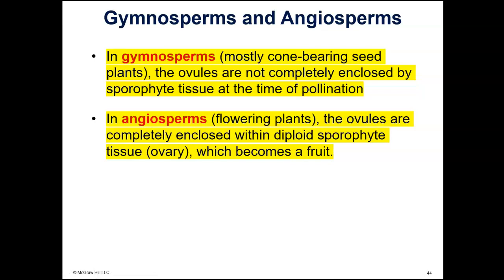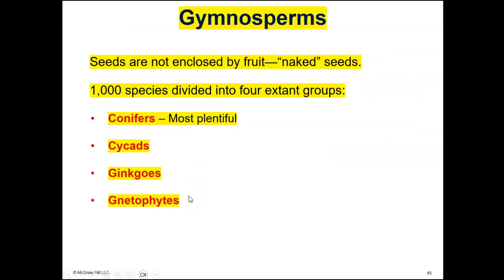All right, gymnosperms are mostly cone-bearing seed plants, and angiosperms are the flowering plants. So flowering plants produce a flower and a fruit, and the fruit is the ripened ovary of the plant.